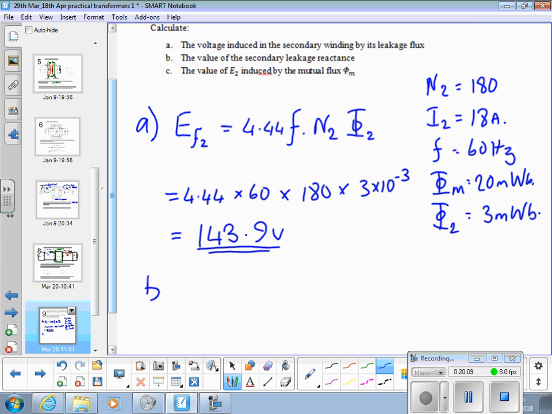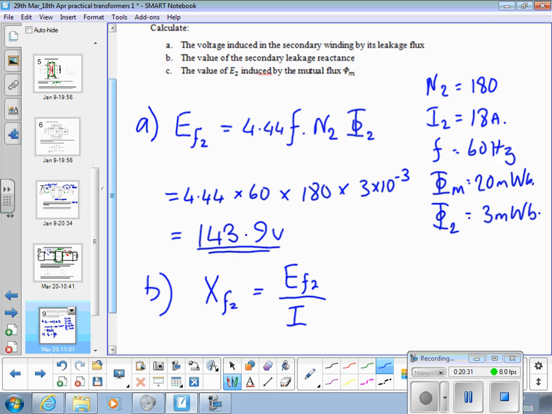So E_f2, which we just calculated, over the current.